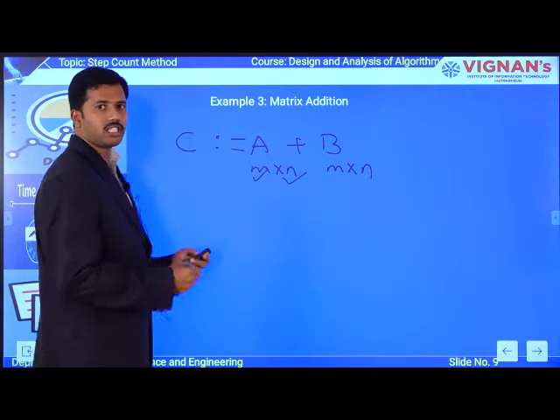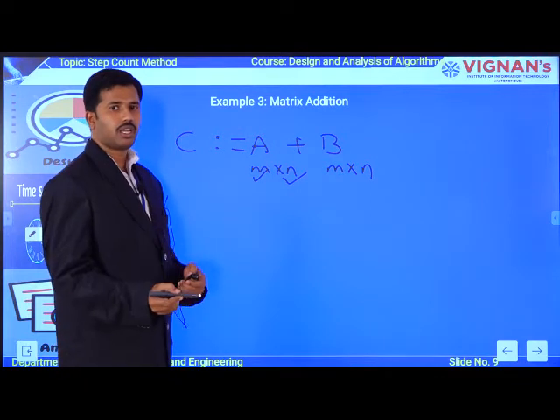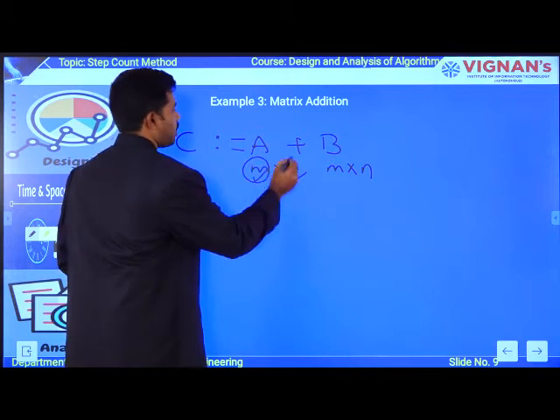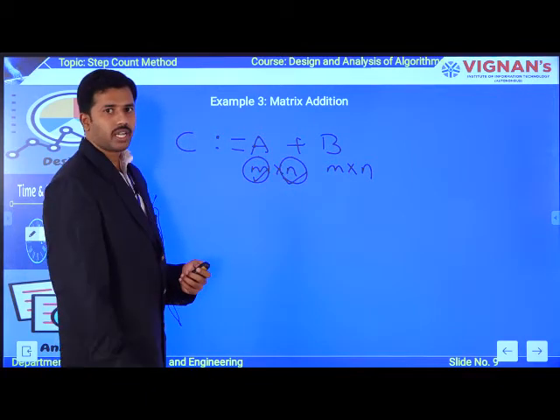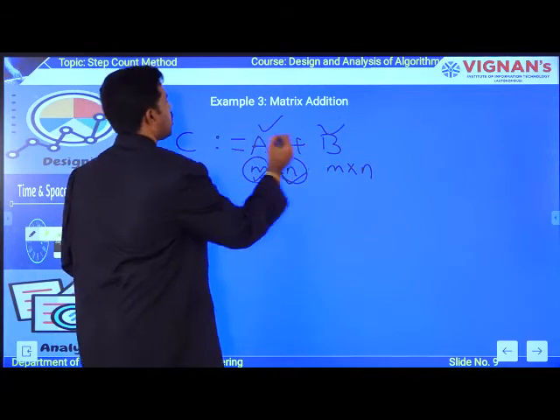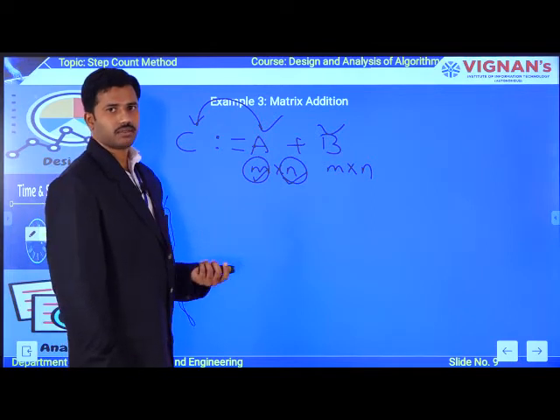So you are applying arithmetic operation on the 2 input arrays of A and B with the help of dimensions of m as well as n. So after performing arithmetic addition operation on these 2 input arrays, the result is updating to output array C. Okay.